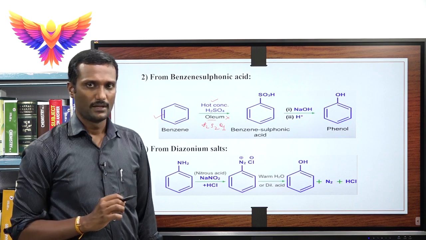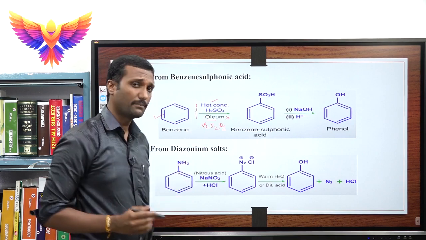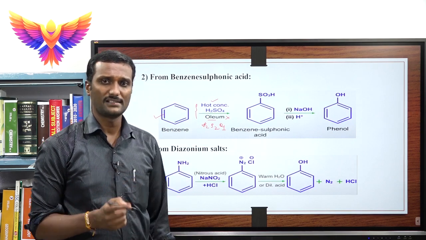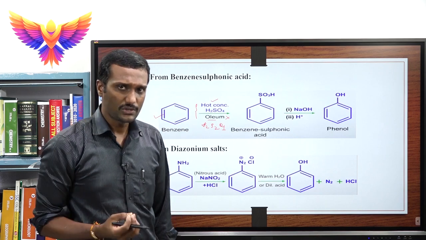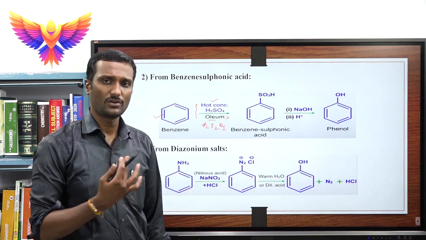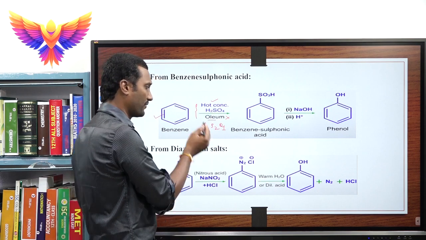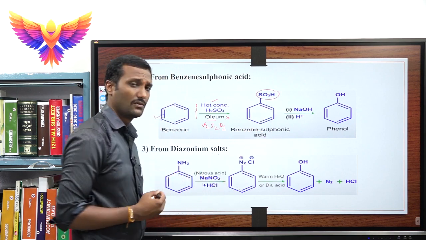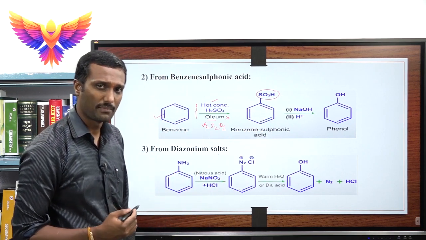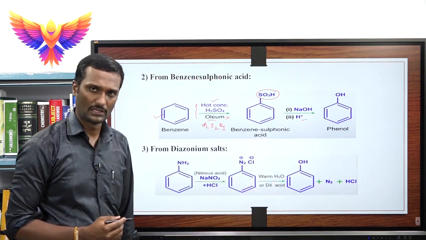H2SO4. When oleum or hot conc. H2SO4 reacts with benzene, we get benzene sulfonic acid. Further, it reacts with sodium hydroxide, followed by acidification with acid, and we get phenol.